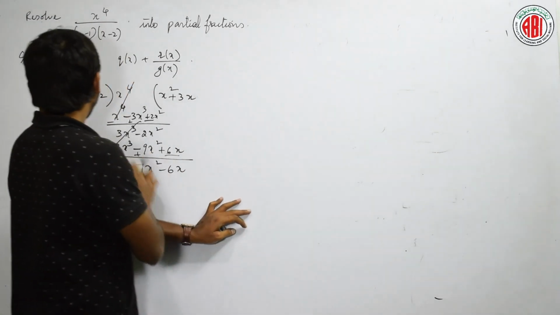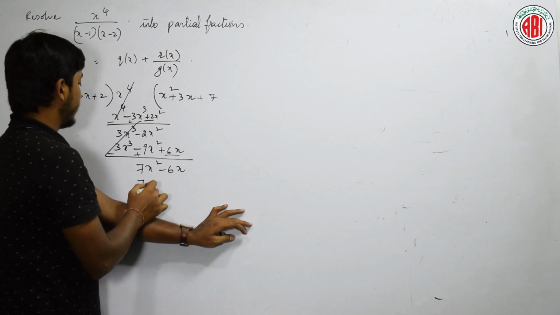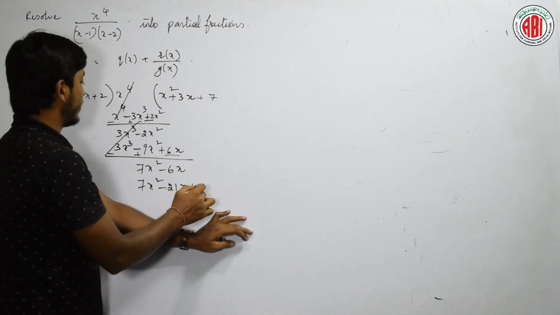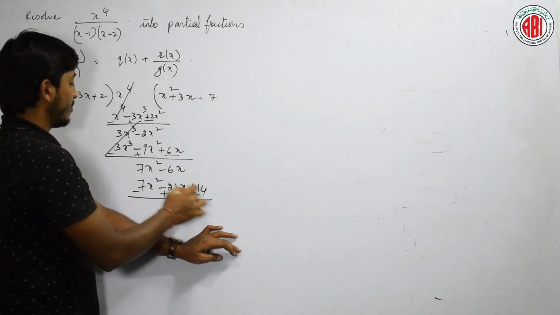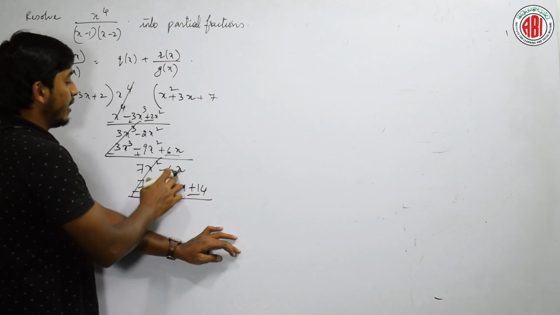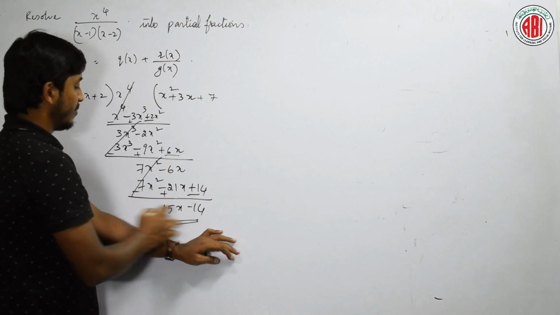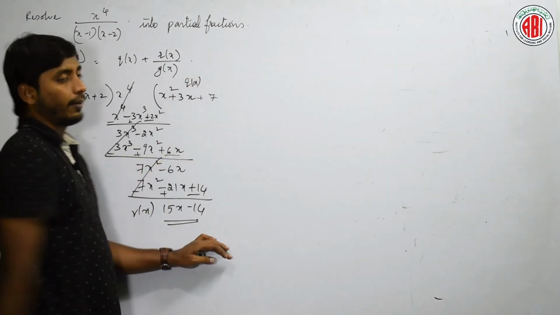Then again, here it is 7x square, 7 3s are 21x plus 14. Done. Minus plus minus, these both will get cancelled. 21 minus 6 is 15x minus 14. This is my remainder and this is the quotient.